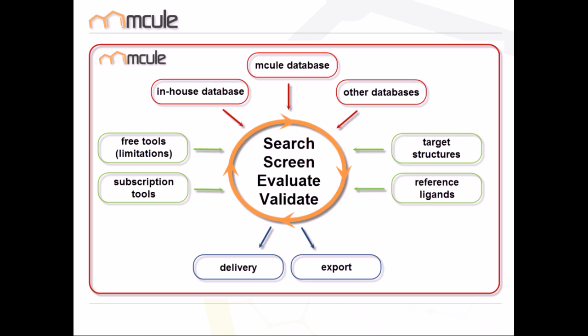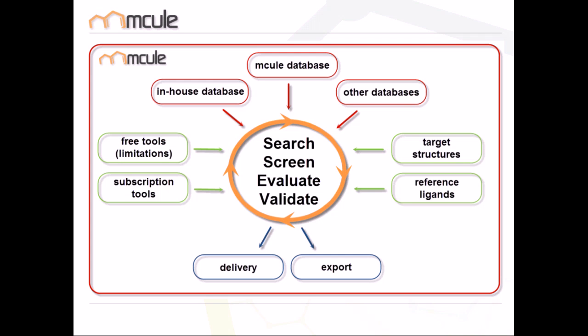Right. So this is basically how Mcule looks like, at least for us. It's a very integrated system with many components. One of the main components is a reliable chemical database.